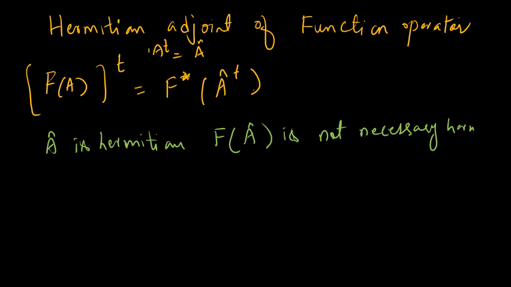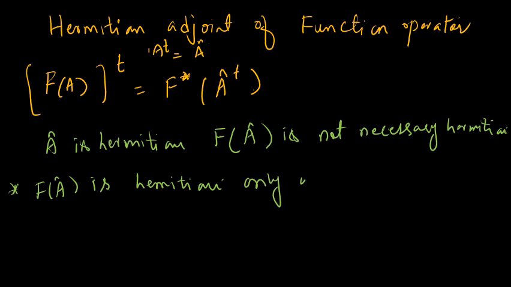It is not necessary for any function operator like f of A to be Hermitian if A is Hermitian. Okay, when will f of A be Hermitian? The condition for the hermiticity of f of A is that f of A is Hermitian only when f is real, that is, the function is real, and A is Hermitian.